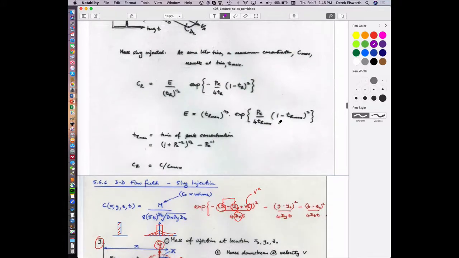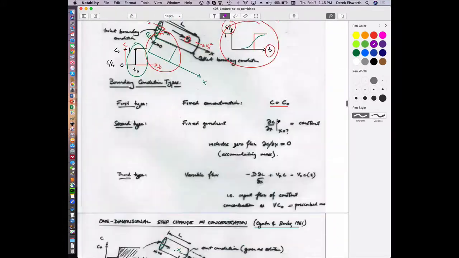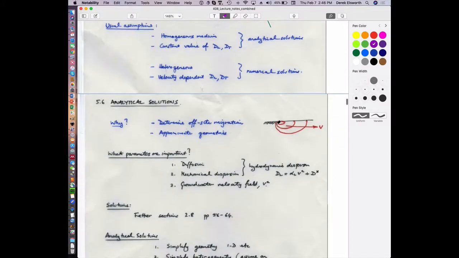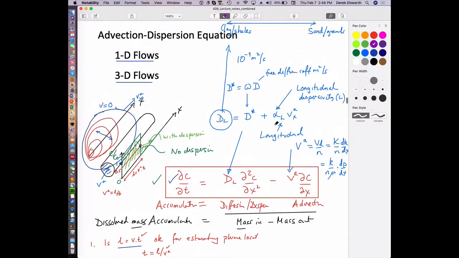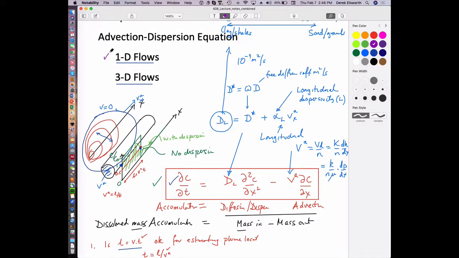So bottom line is that we can calculate our transport behaviors in the system for both these one-dimensional and two-dimensional systems. That's what we've done. We need to resort to using this advection-dispersion equation, for which there are standard solutions available to us.